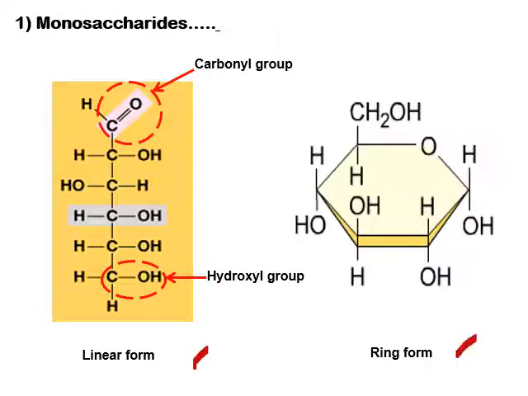Okay, and from this slide you also can see there's carbon bonded to oxygen and hydrogen. So this is carbonyl group, and there's many carbon that bonded to OH, which is hydroxyl group. Same goes to the ring form. You can see many carbon that bonded to OH group or hydroxyl group.